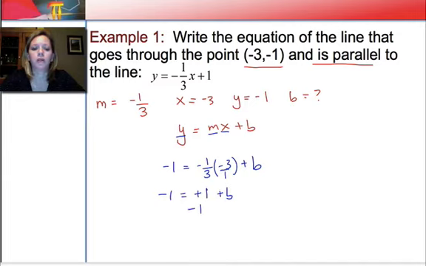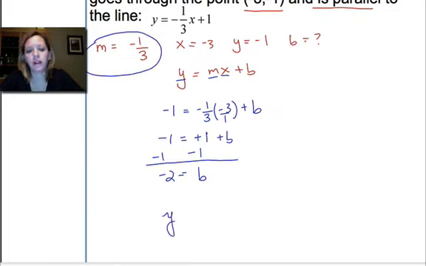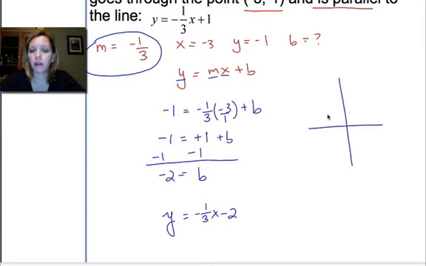We subtract 1 from both sides, and we get b is equal to -2. So that's my intercept. And remember, we already knew the slope, so the equation of the line I'm looking for would be y equals -1/3 x minus 2.